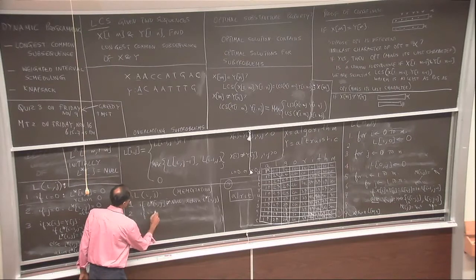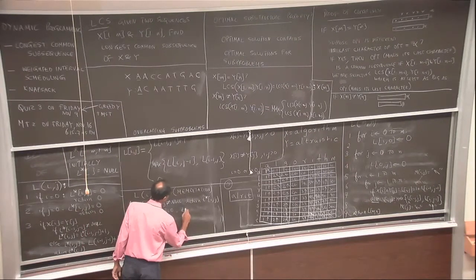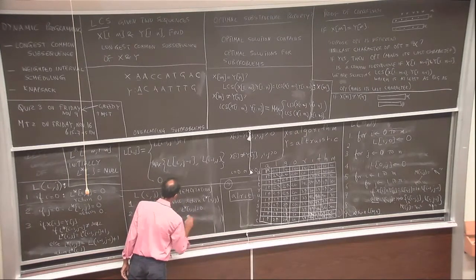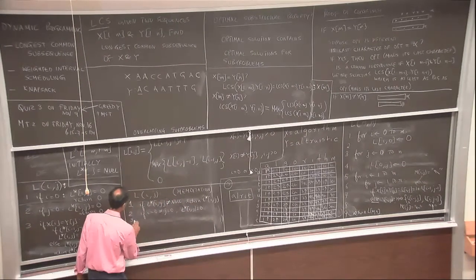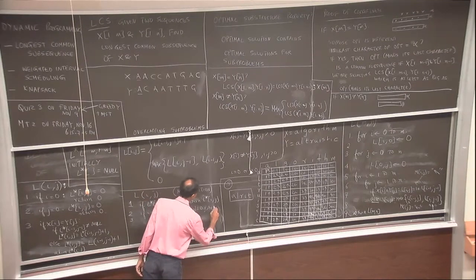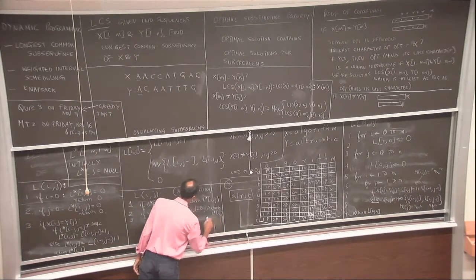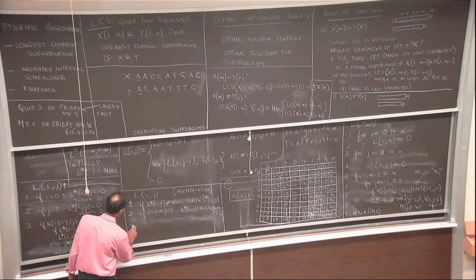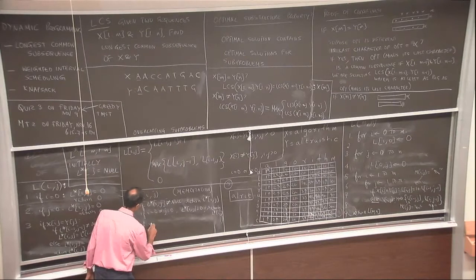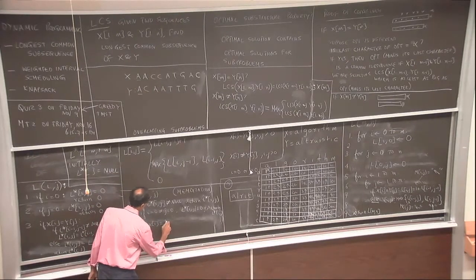Otherwise, what do you do? If i equals 0 or j equals 0, set L star ij equal to 0 and return L star ij. Else if, okay, I'm going to do just one case and then we'll read it. Third is if xi equals yj.